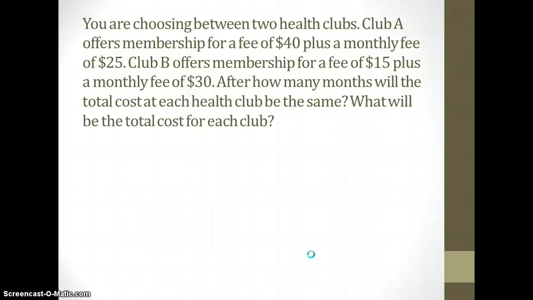Here's another situation, a common one you might see with a cell phone plan. In this case, you're choosing between two health clubs. One offers a membership fee of $40 plus a monthly fee of $25. The other club is $15 plus a monthly fee of $30.